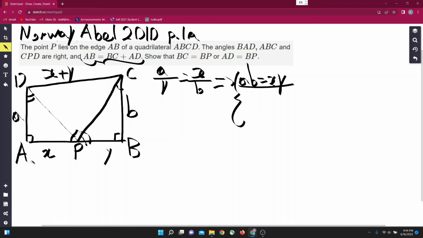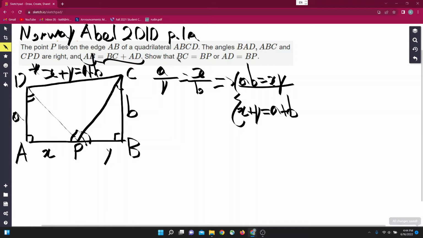Notice that AB is just X plus Y. We strategically chose those variables. Then BC is nothing but B, and AD is A. So let's rewrite that as X plus Y is A plus B. This is useful. I'll write that over here.